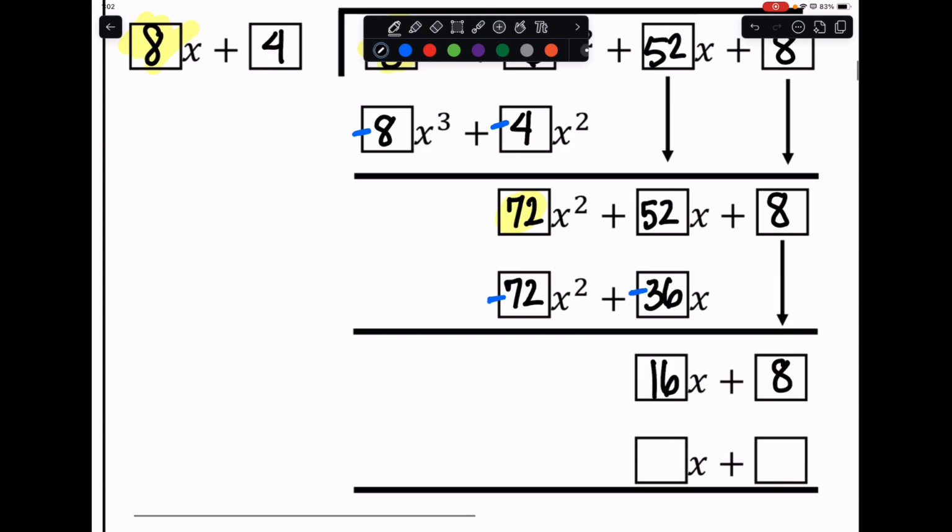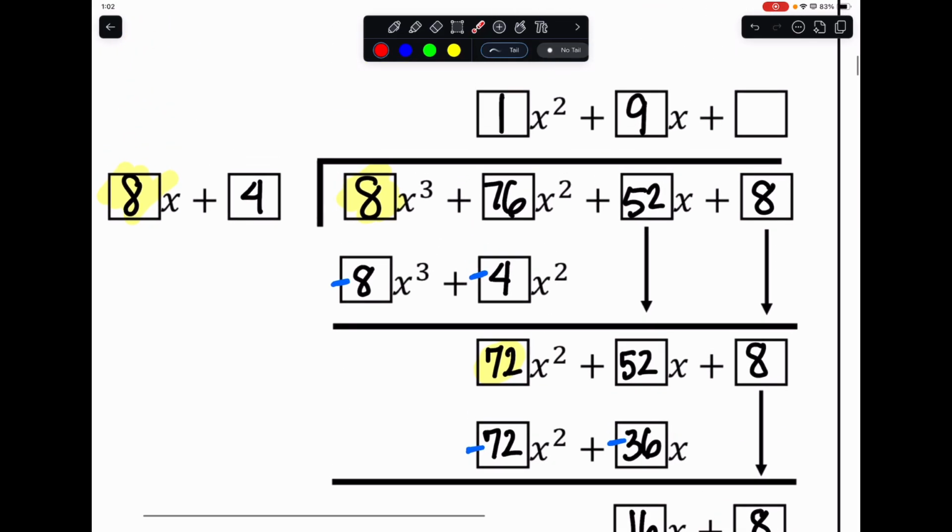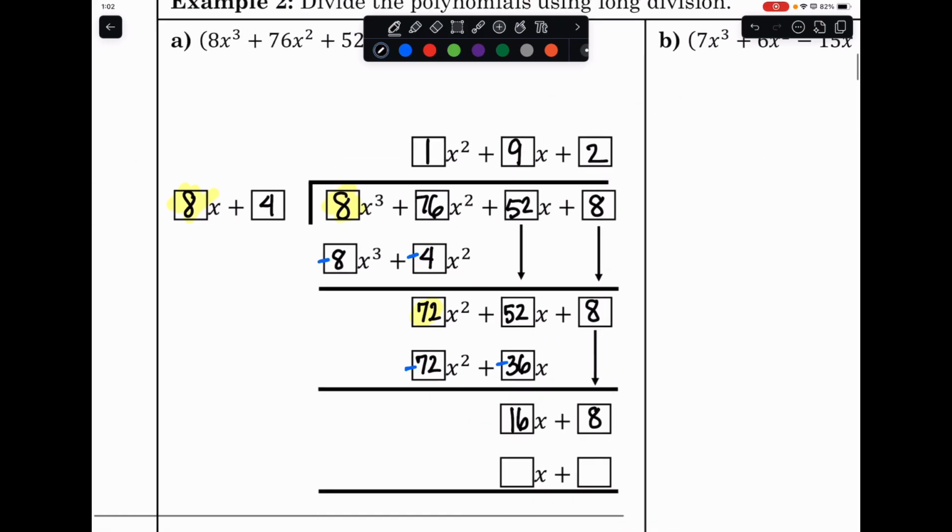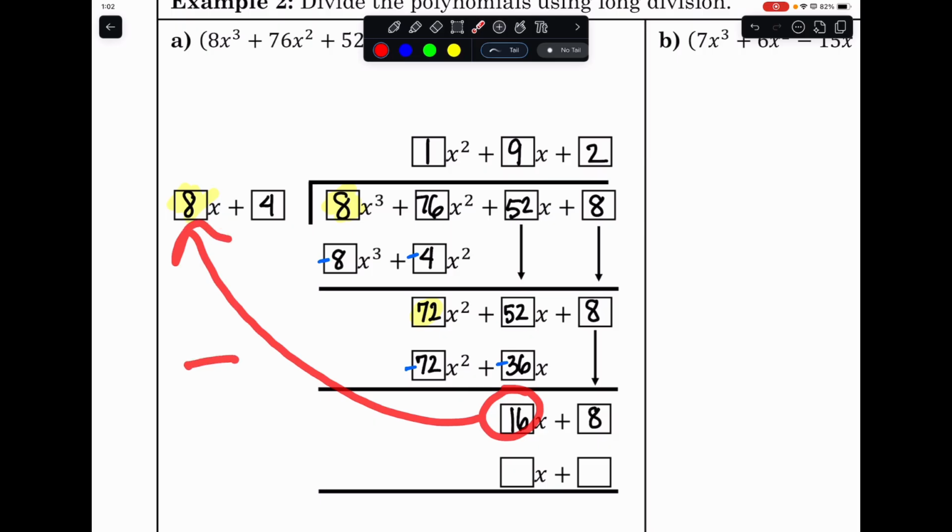So our 16 will be divided by our 8, which is going to give us a total quotient of 2, and we'll write that up there. So I got 16, and I divided it by 8, which gave us our final value of 2.